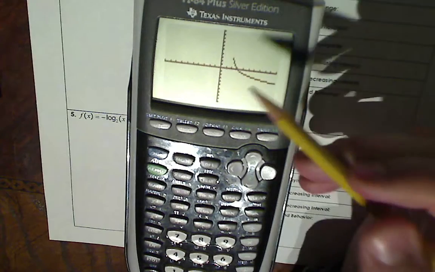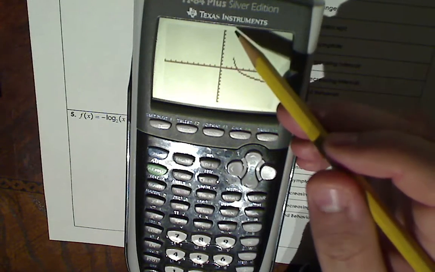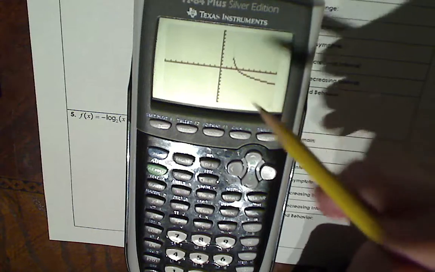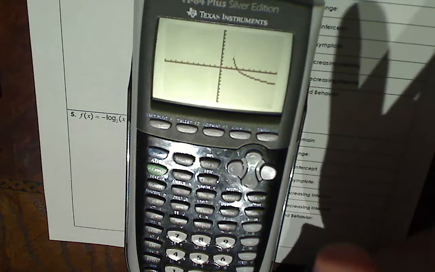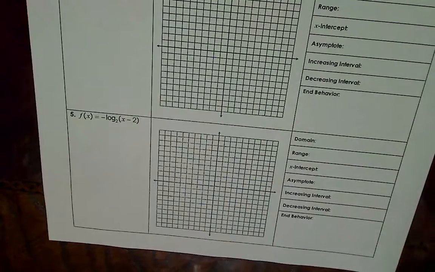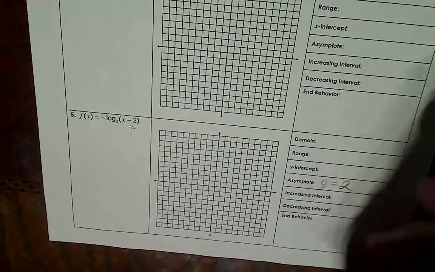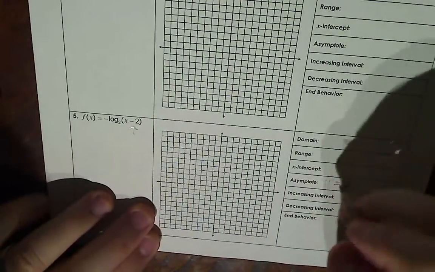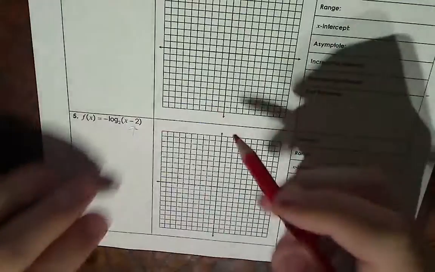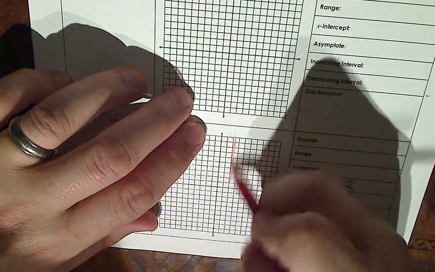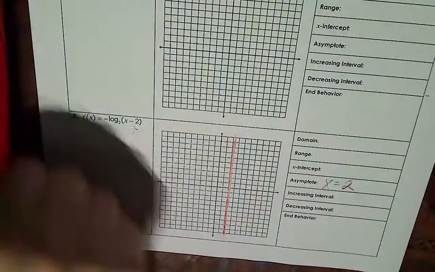Now, the reason I'm showing you this is because I want you to notice that this right here doesn't continue up. And it actually does, but your calculator just doesn't work like that. So what I want to show you is this right here is going to shift your asymptote to 2. I'm sorry, not y, x. That means right here at 2, you're going to have that.